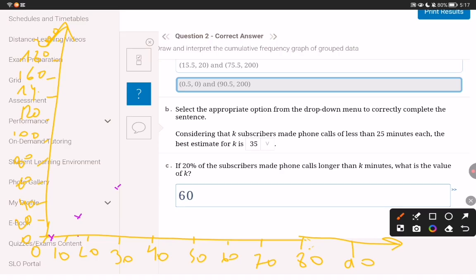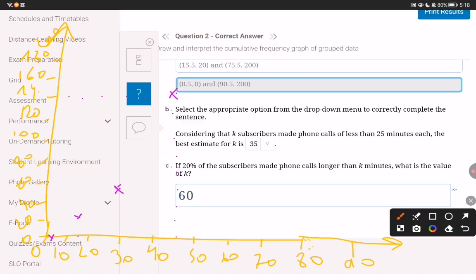So it's gonna be around here. 45.5, 140. 45.5 is in the middle of 40 and 50. And then 140 is all the way up here. Okay. Oh wait, my bad. 45.5 here.